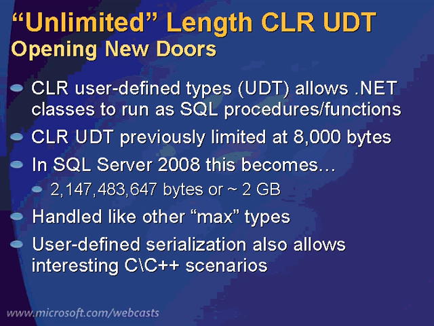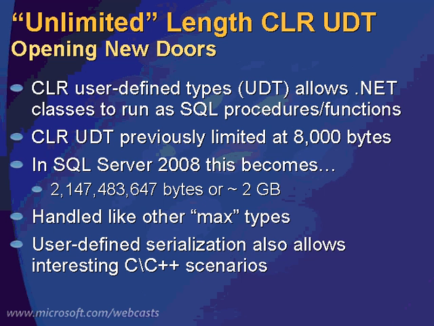You could try to work around it, but in the end, serializing the data became the bottleneck, and you just couldn't use it. So in SQL Server 2008, we've removed that limitation. And you'll see that now it's effectively unlimited length. In practice, right now, that limit is 2 gigabytes. That might change along with other max types in future versions. And by other max types, I mean varchar max, varbinary max, or nvarchar max.